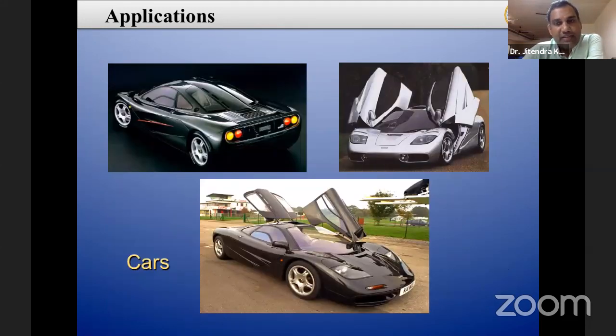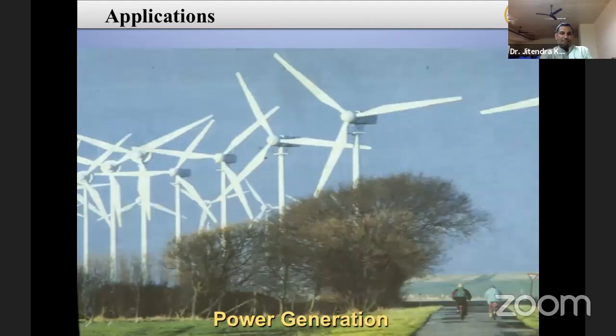In cars also, for interior design, we are now moving towards nano fiber composites and other things. But when you use them, it will add cost to those vehicles.